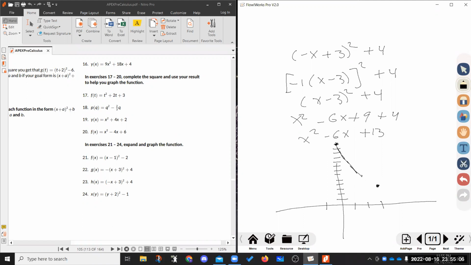I'm sorry, it opens like this. And then if I go another 3 to the right, it's going to come up here like this too. And there we go. That's what it looks like. So, all right.